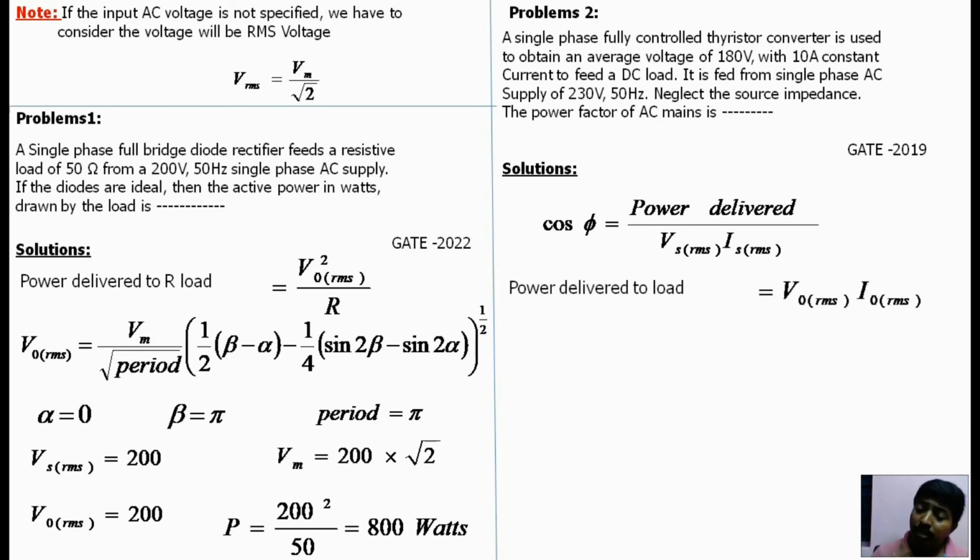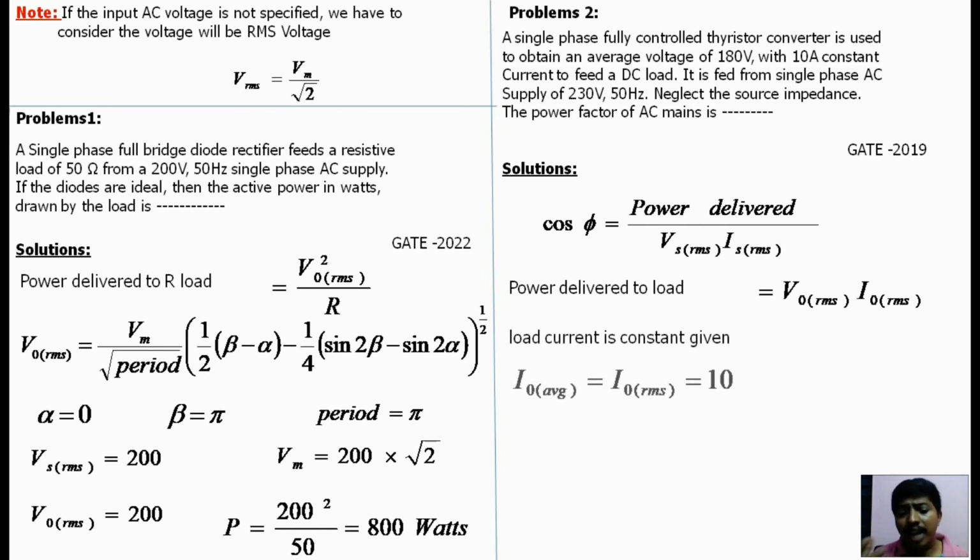Note that the load current is constant. Constant means I naught average is equal to I naught RMS, so the value is 10 amps.